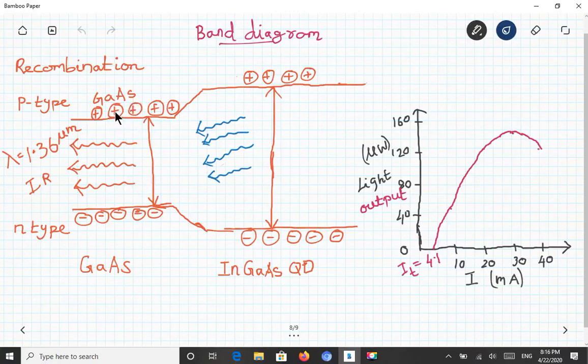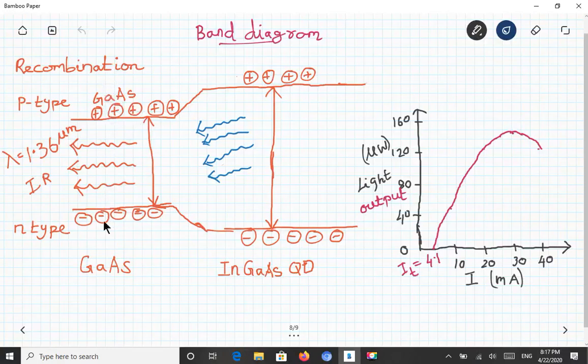So the recombination process happens in the p-type and n-type gallium arsenide. This blue color light induces the p-type and n-type atoms of the gallium arsenide to go to the excited state, and the recombination process happens like this. Once it reaches the excited state, it will come down to the ground state again by releasing a photon.